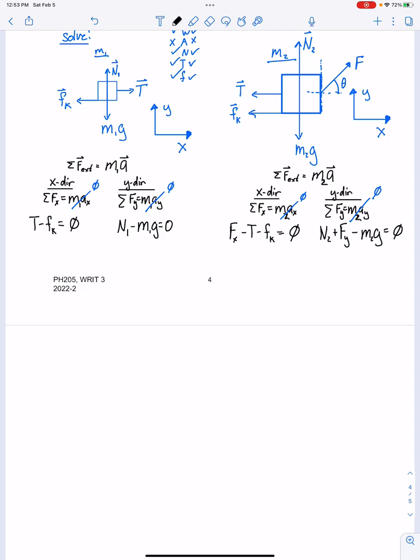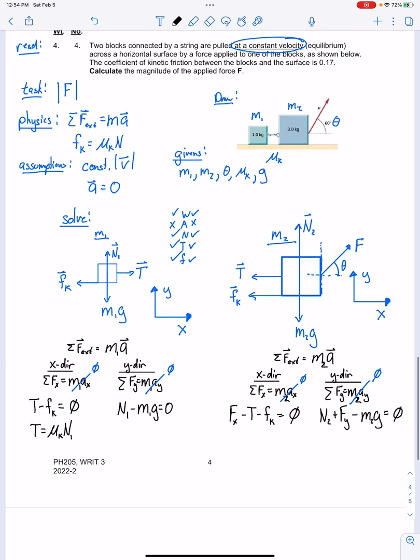So we're going to put in all those different pieces right now, and we'll start over here for M1, in the x direction, and so we're going to get T is equal to the friction force, which is, using our equation, mu k times its normal, which is N1. What is it we're going after again?